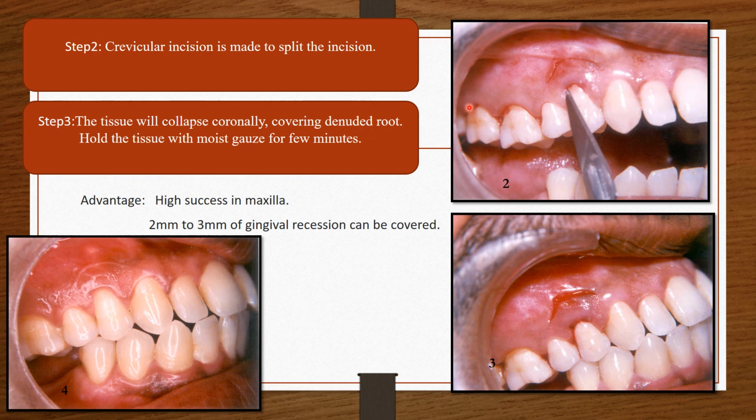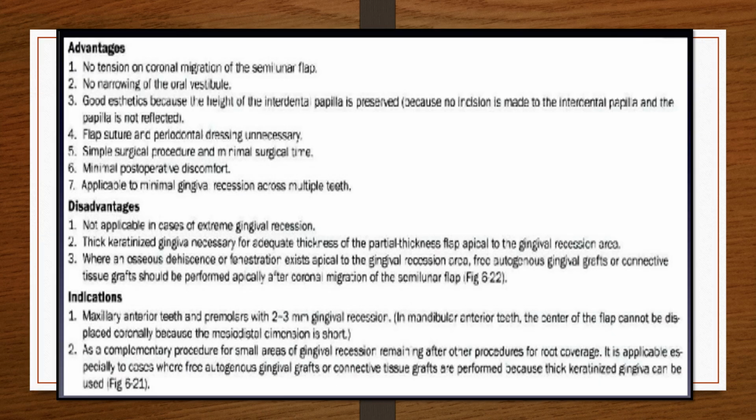So the technique is indicated for areas where the recession is not more extensive than 3 mm, and the facial gingival biotype should be thick. Mainly it is successful for the maxillary anterior region, where it is more advantageous. So this is the semilunar flap. What are the advantages?